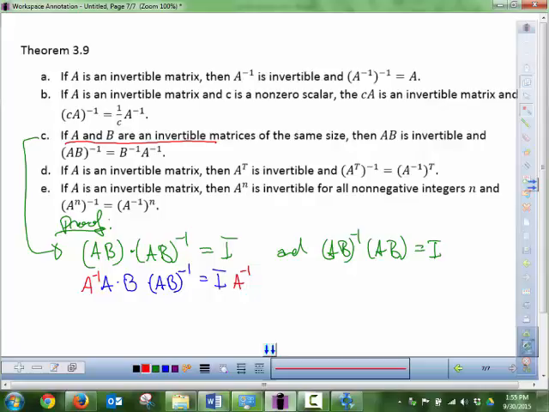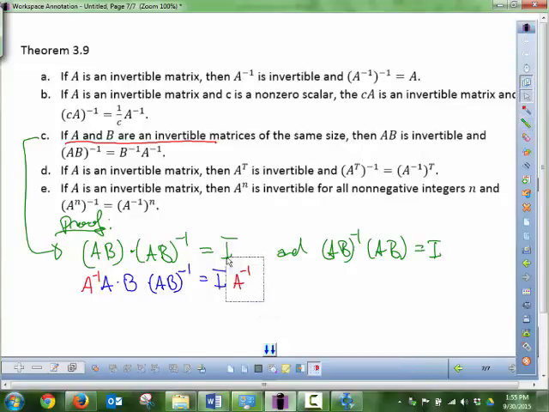You guys are living in a commutative world with the real numbers, but matrices don't commute. Nick, you want to give it a shot? What's wrong? A inverse needs to be in the front. That wasn't as slick as I thought it was going to be.